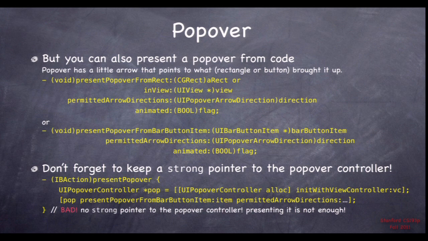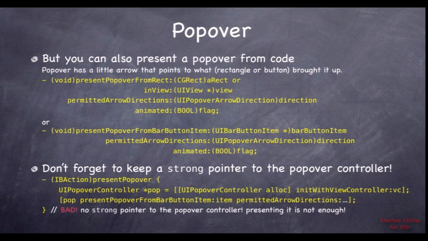So a lot of people write code like this. You see the present popover thing? They say UIPopoverController alloc init with view controller, and then popover present from bar button item, and that's the end of that method. And then their program crashes later. And they're like, what happened? Well, the reason it crashes is that the only strong pointer the UIPopoverController had was this local variable, UIPopoverController star pop.